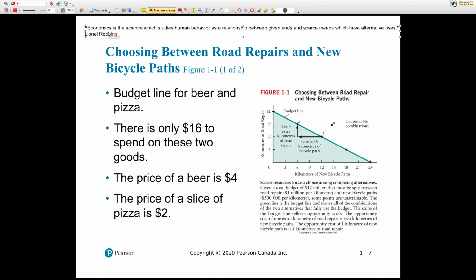I think it neatly sums up this whole budget question. We have alternative means here, buying bicycle paths or road repairs. And what we want to know is what are we going to choose between both of them? We haven't gone to choice yet, but this is a description of constraint basically.